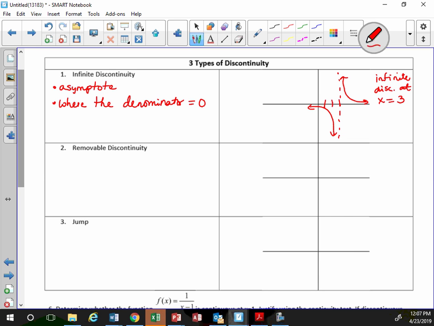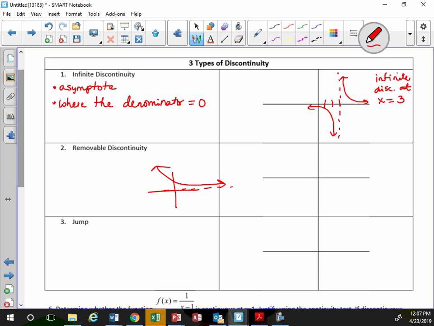What about a horizontal asymptote? That's not a discontinuity. Okay, why is it a discontinuity? There should be a whole separate thing. You could have a horizontal asymptote in here, and your graph could do that.